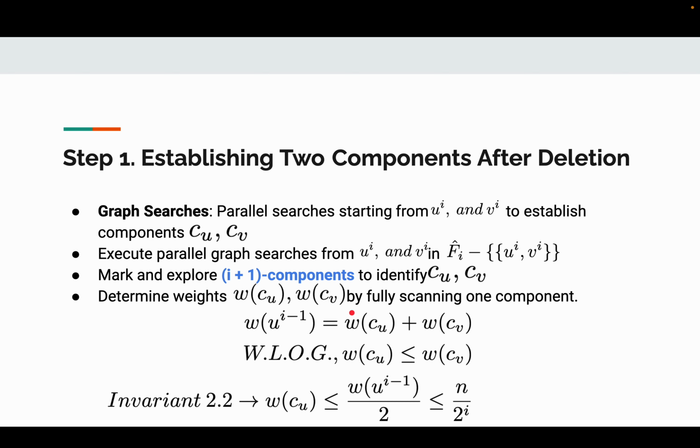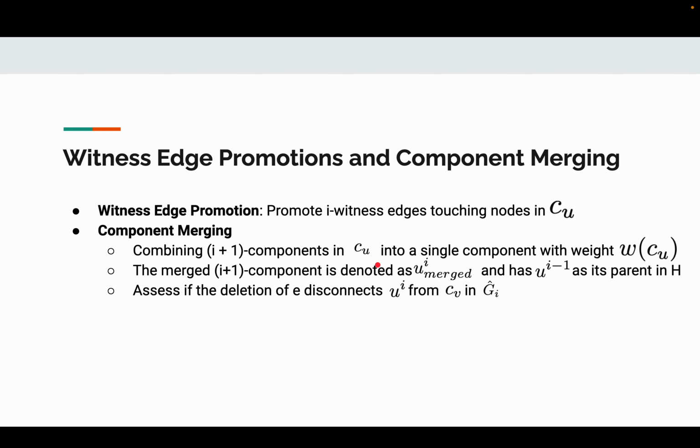So these actions facilitate the merging of all i plus 1 components, and the merged components we will denote by U_i merge. We'll have U_{i-1} as its parent. This kind of wording is very ambiguous, and we will look at a very concrete example to explain it.